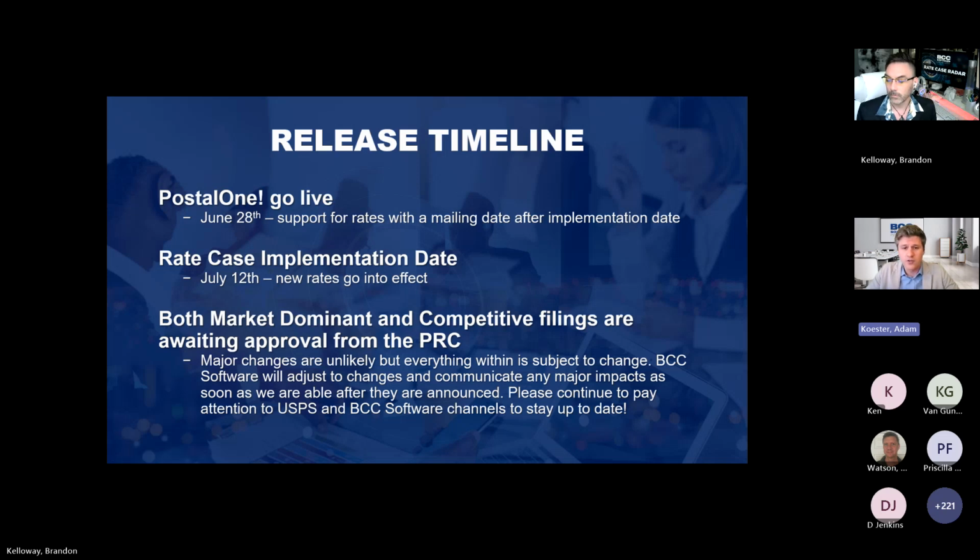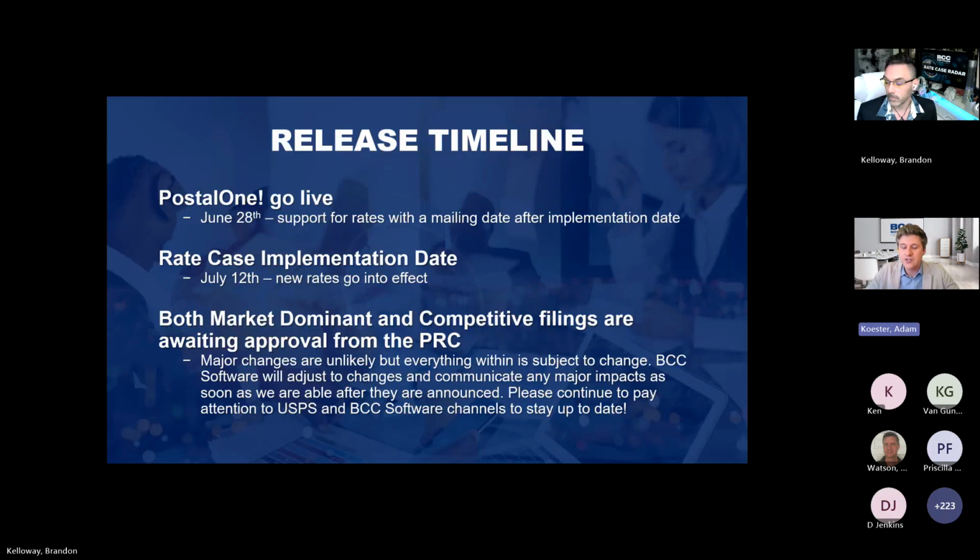And as always, our normal disclaimer here: we are moving with these changes as closely as we can. We're working very closely with the post office to make sure that we're getting all the correct information. We're reading all their documentation, but things can change. Everything in here has not yet been fully approved by the Postal Regulatory Commission.